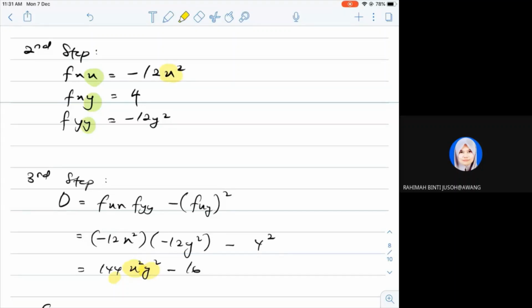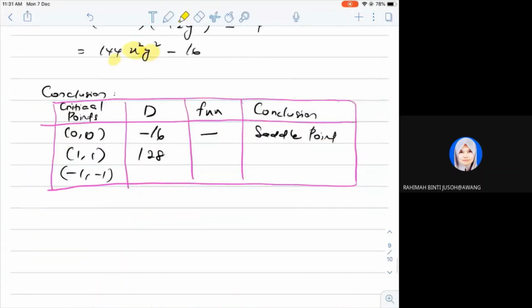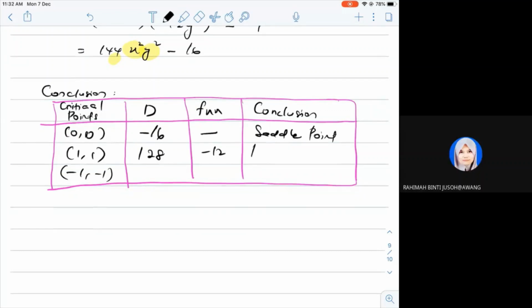So negative 12 times 1 should be negative 12. So bila negative 12, is it positive or negative fxx? Negative kan? So D positif, fxx negatif. Apa conclusion dia? Relative maximum. Okay, well done. Very good. Relative maximum.